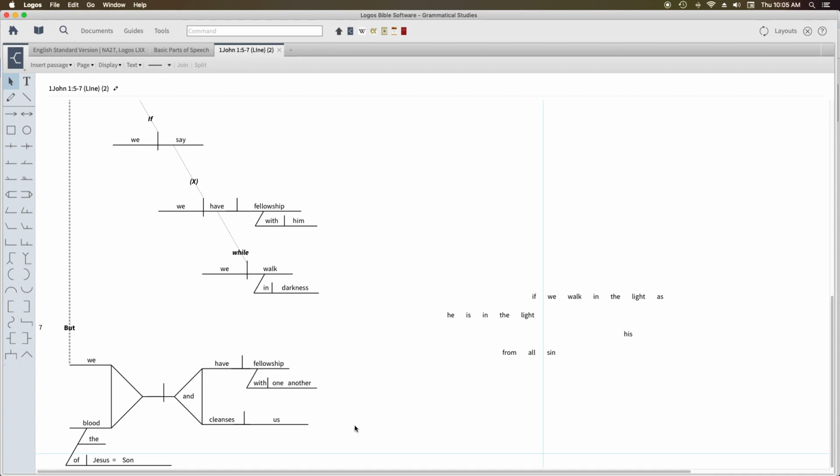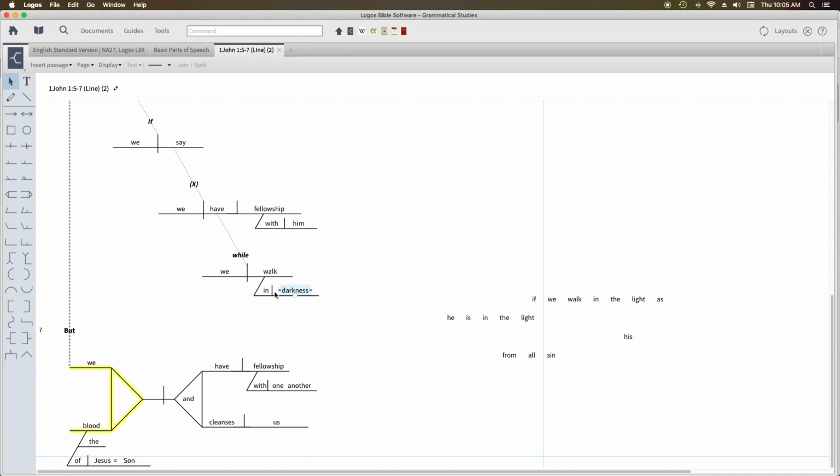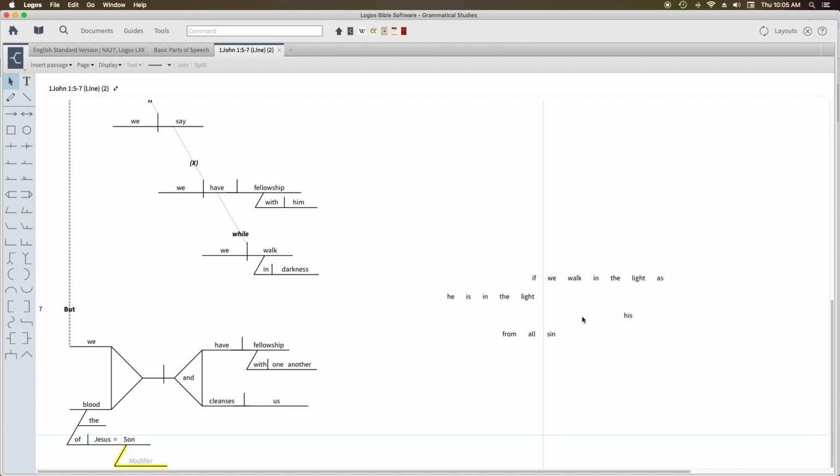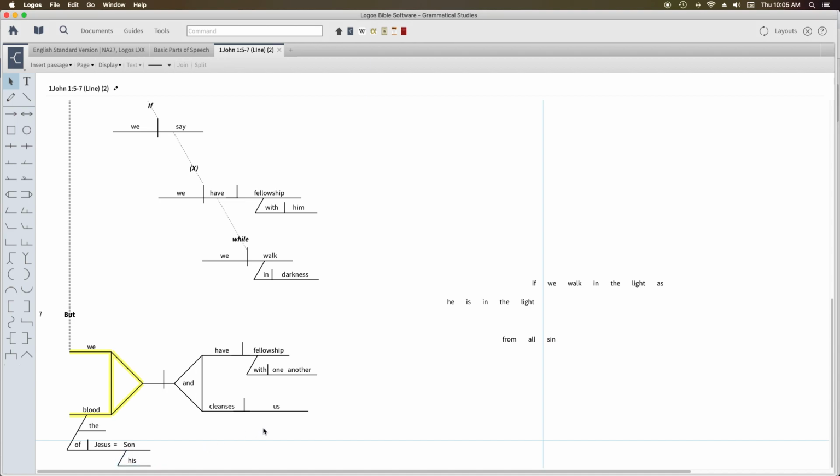And then we have the modifier for son, his, which would go under son. The blood of Jesus equals son. Blood cleanses us. It cleanses from what?